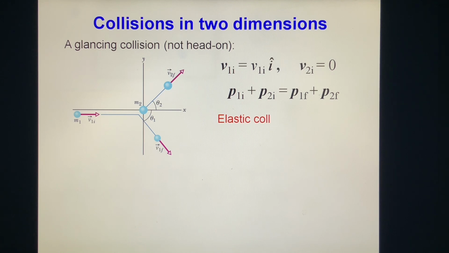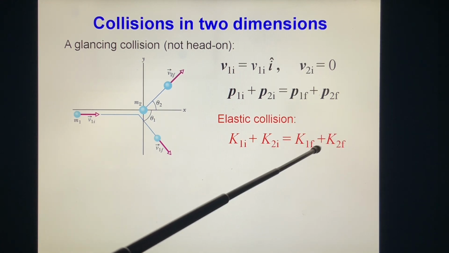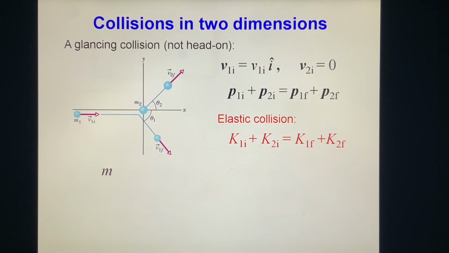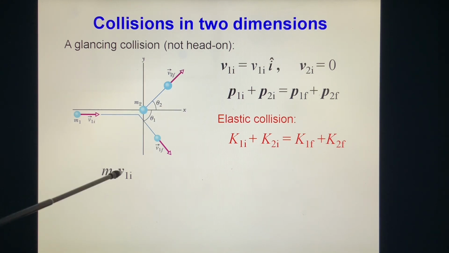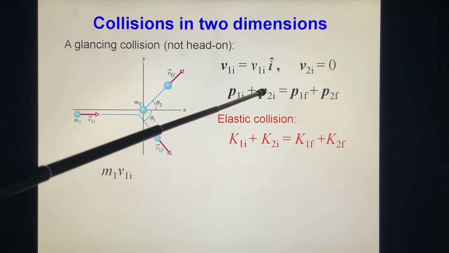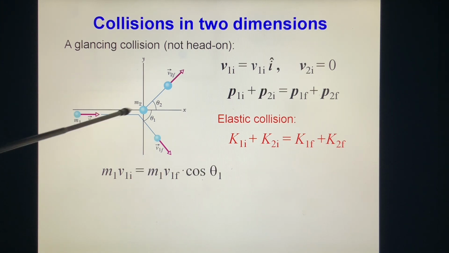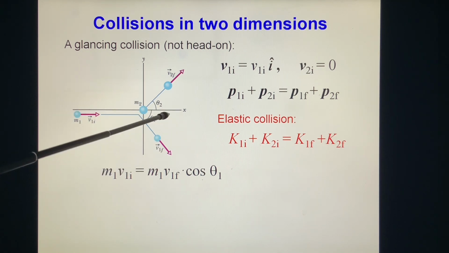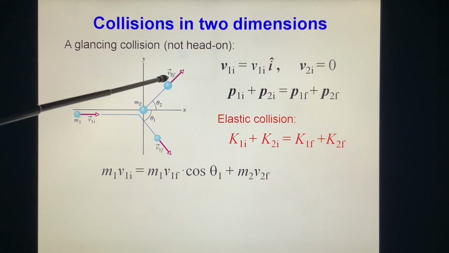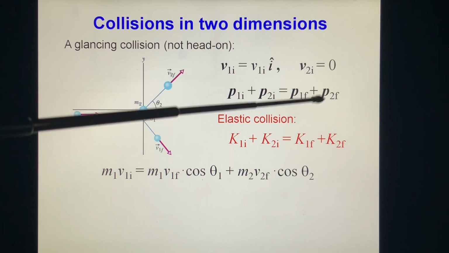For an elastic collision, you have energy conservation, so K1 initial plus K2 initial equals K1 final plus K2 final. Now we do this one. m1 v1 initial, and this is 0, equals m1 v1 final cosine theta 1 plus m2 v2 final cosine theta 2 along the x direction.